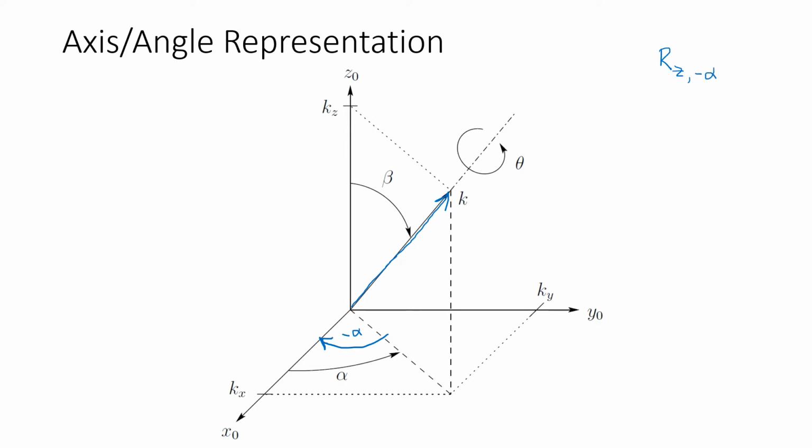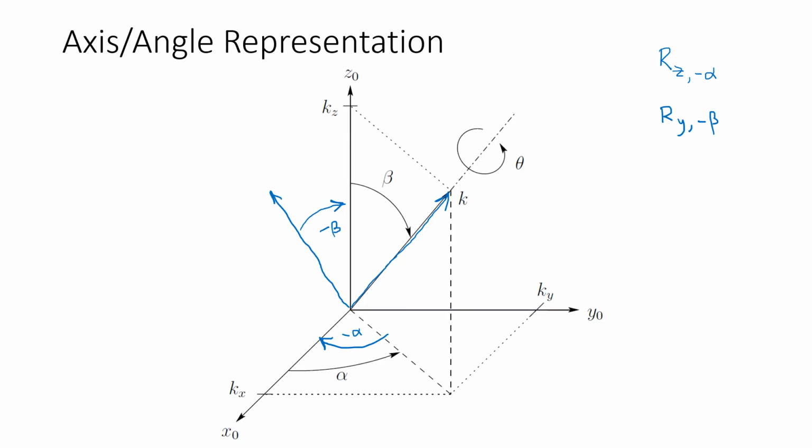Once done, you're going to expect this vector k to be oriented in the xz plane, and that would look somewhat of this shape. Now once you have this vector k in the xz plane, then you can go minus beta about the fixed y-axis, and that would be the second rotation, about fixed y, by minus beta radians.